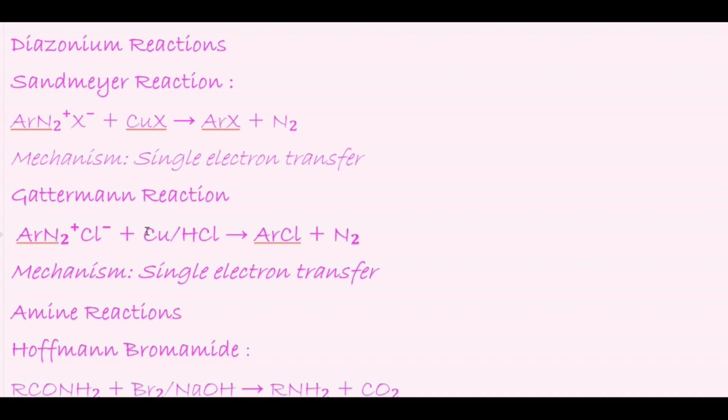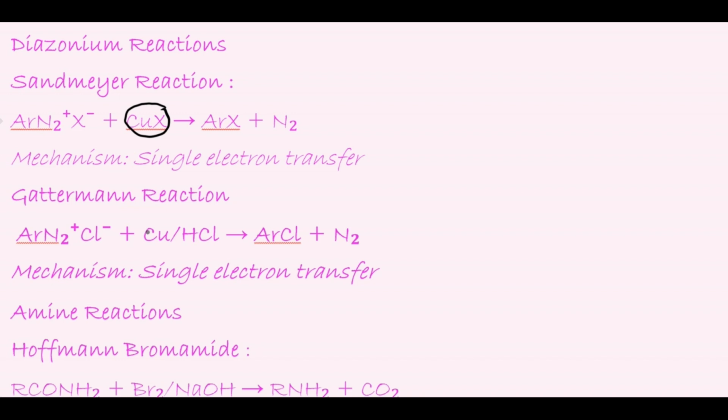The most important reactions I just listed: the Sandmeyer reaction, you can see the single electron transfer happening, CuCl2, or copper should be in +1 oxidation state. It gives you haloarenes, like benzene with substituted halogens.